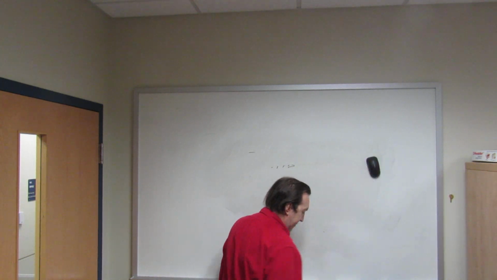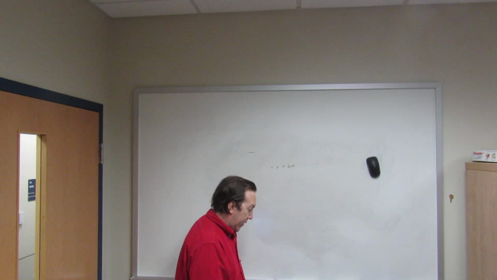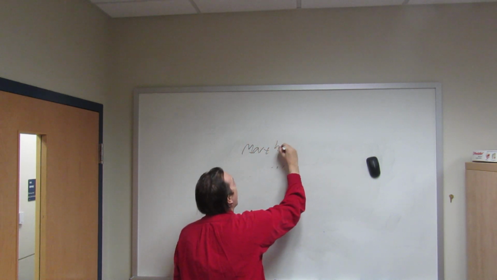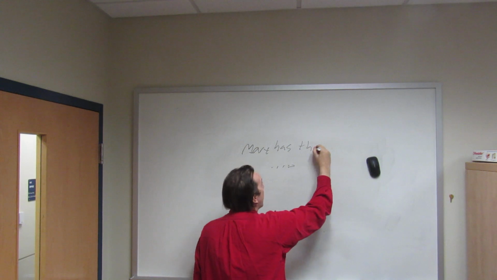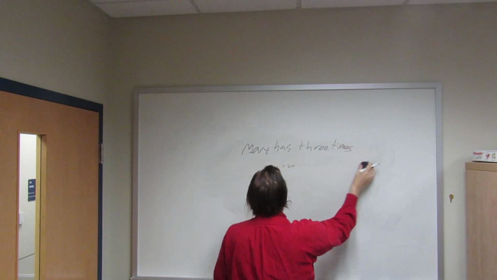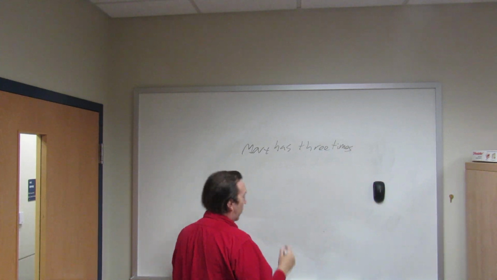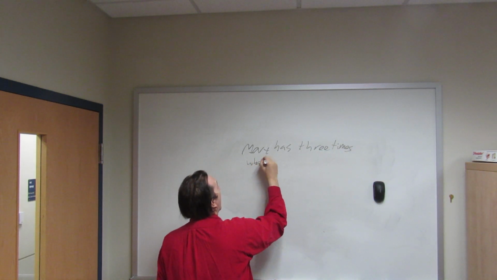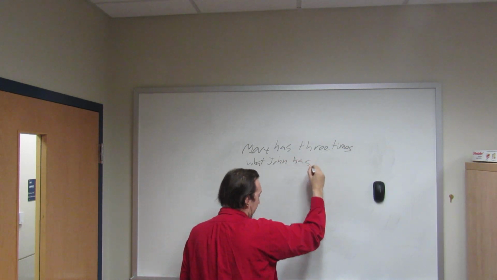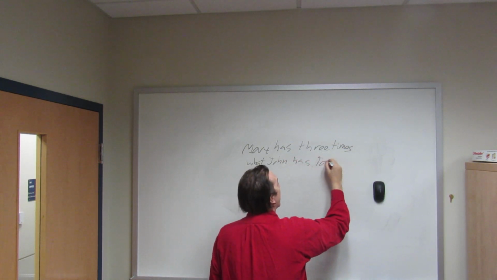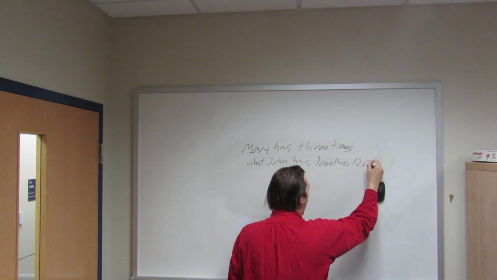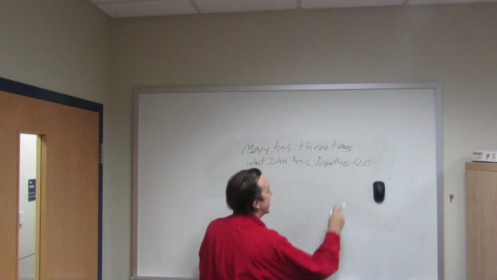Then let's say Mary and her brother collect coins. Mary has 3 times what John has. Together, they have 160.